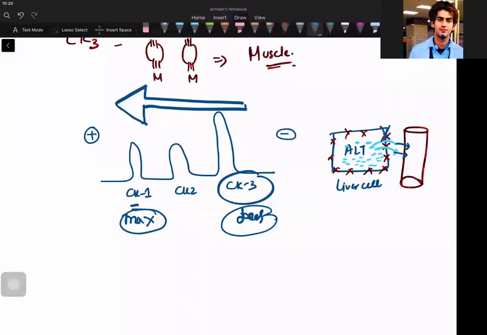Since you have breached the territories of the cell, the release of enzyme will happen into the serum, and the appearance of those tissue specific enzymes, or we can say isoenzymes, in the serum will help me in diagnosing some disorders, and also let me understand the extent of damage, the degree of damage which has happened to the cell.